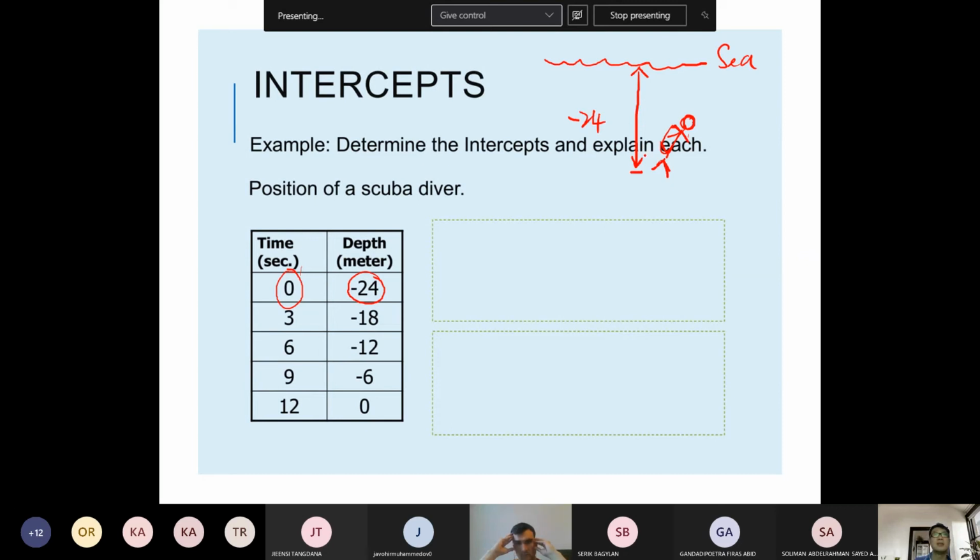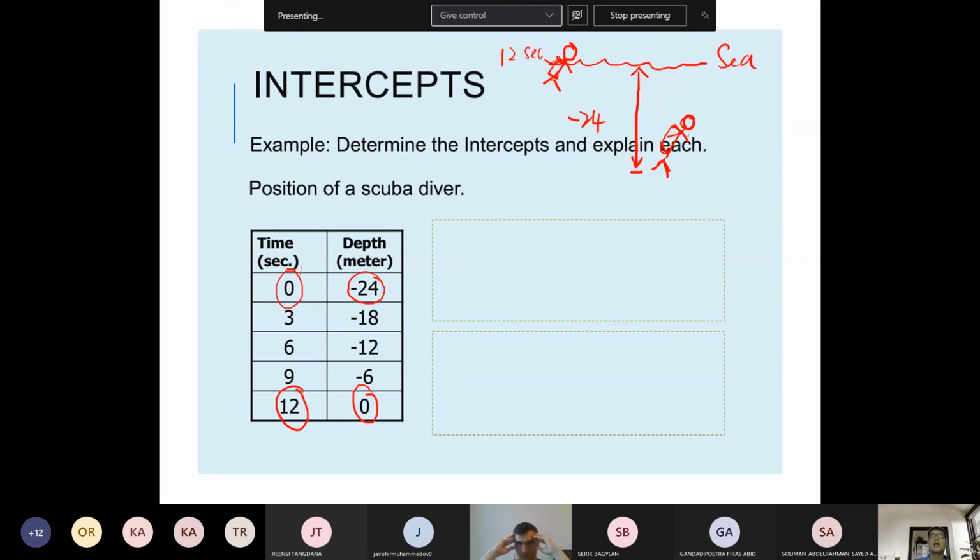Then according to this table, when the time is 12 seconds, the scuba diver is actually on the surface of the water. The depth is 0 meters. The scuba diver is here after 12 seconds.